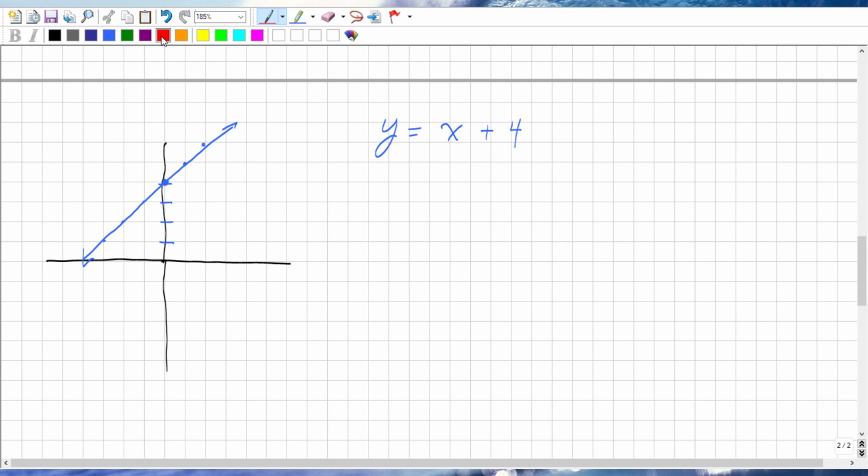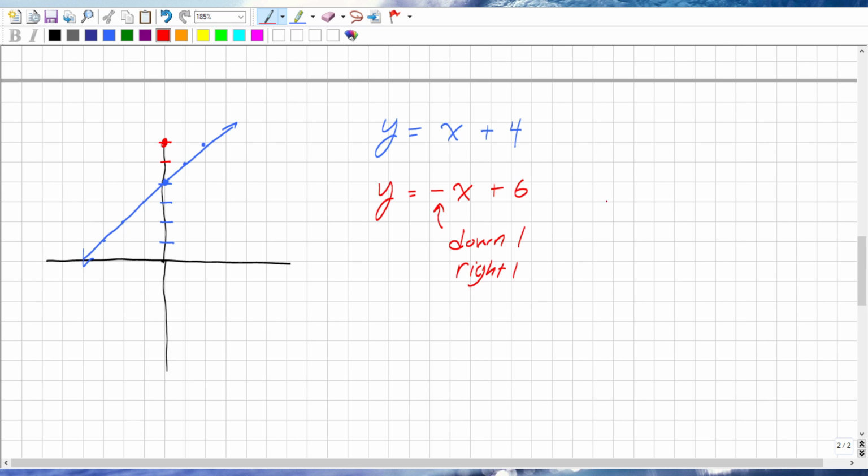The second line that we're going to be looking at is y is equal to negative x plus 6. So if we're graphing that one, we'd start at 6. So we started at 1, 2, 3, 4, 5, 6, so we're starting here. Now since the slope is negative, that means I'm going to be going down 1 and then to the right 1.